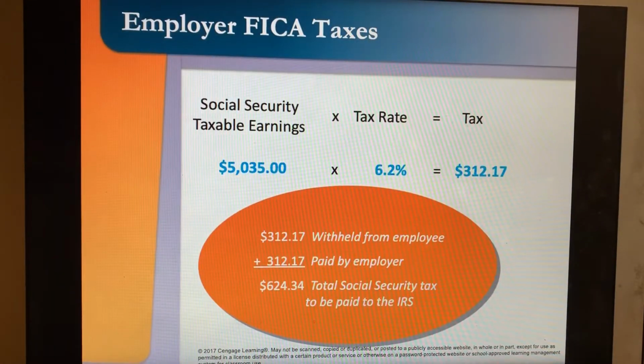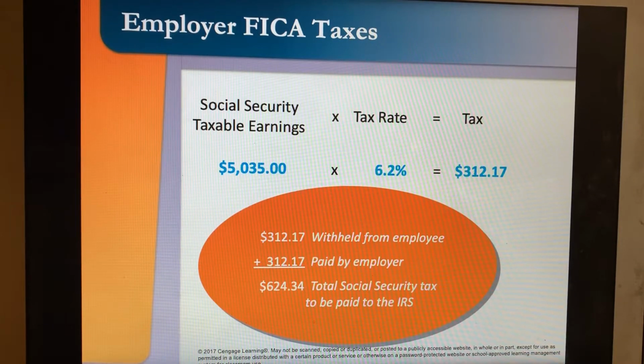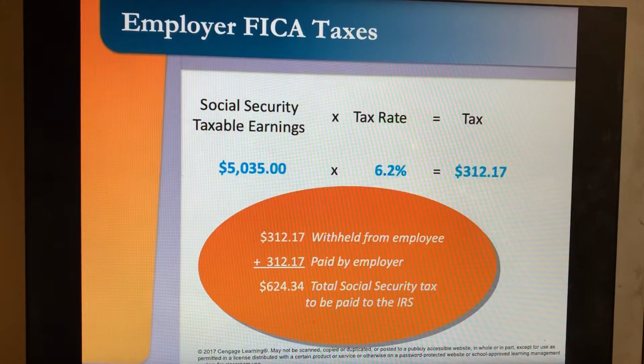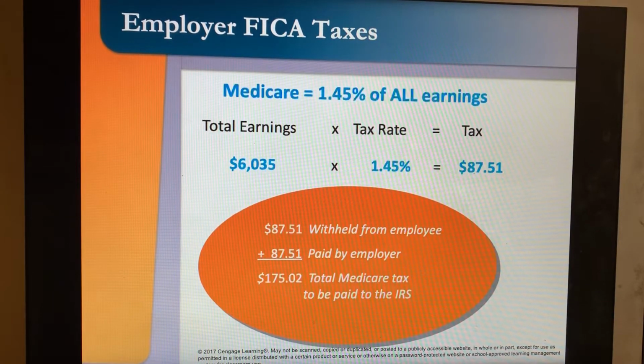You take that amount times 6.2%, which equals $312.17, withheld from the employee and paid by the employer. So the total Social Security tax to be paid to the IRS is $624.34.